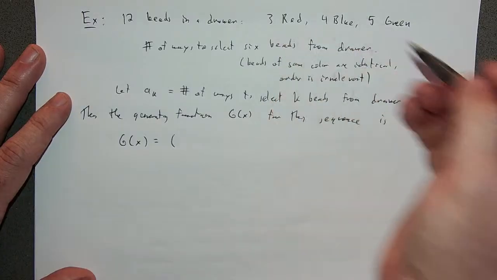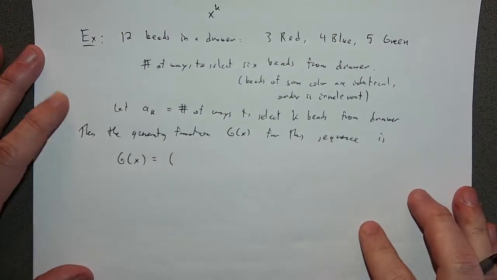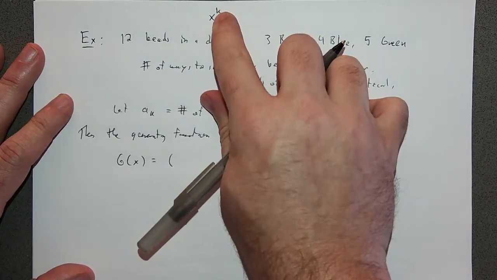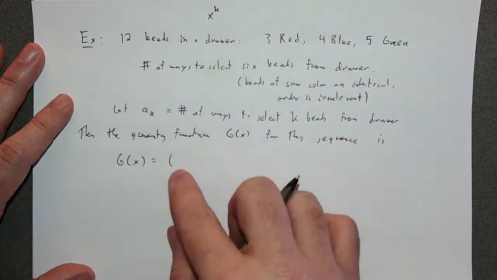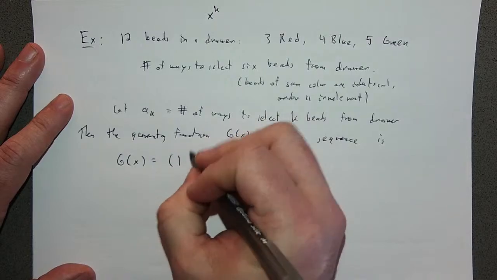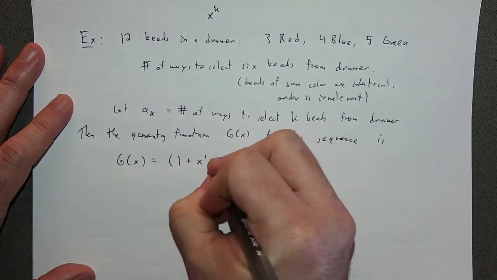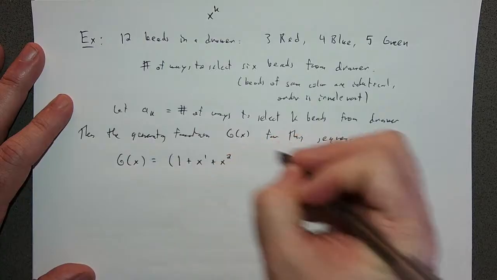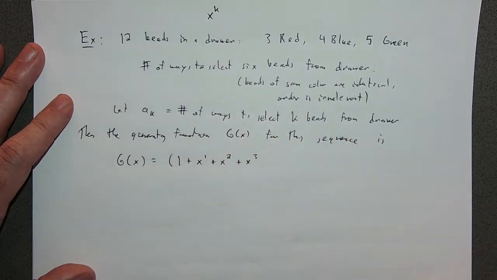If I'm using x to the k to denote selecting a bead k times, then x to the 0 red beads, that's 1, right? This is my x to the 0 term. Or I could select 1 red bead, or I can select 2 red beads, or I can select 3 red beads. But that's it.